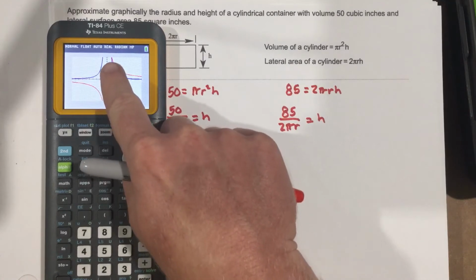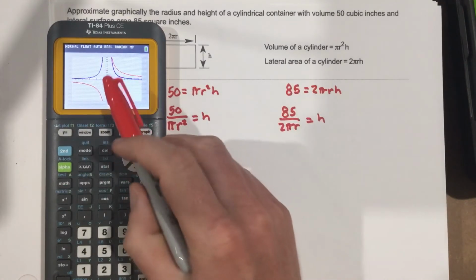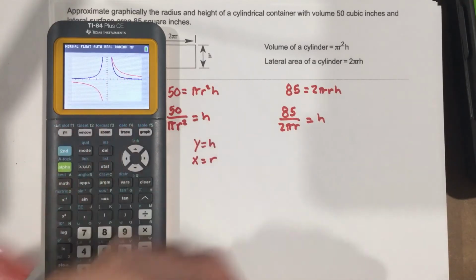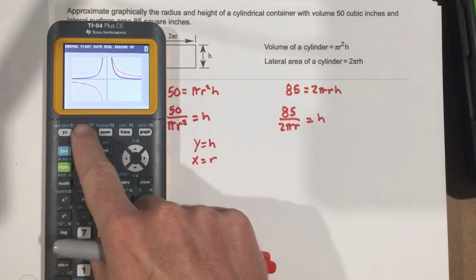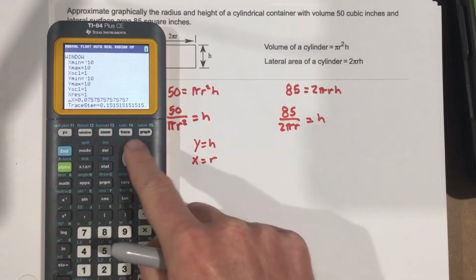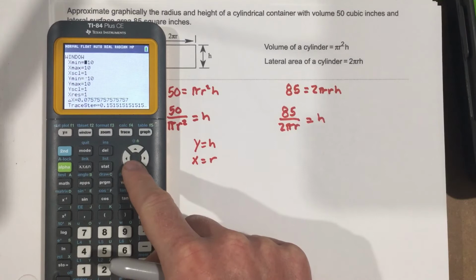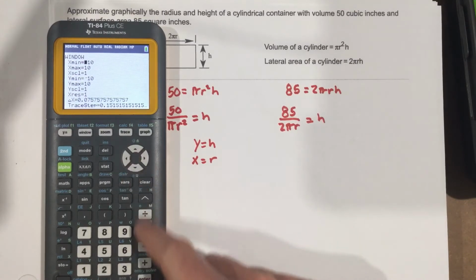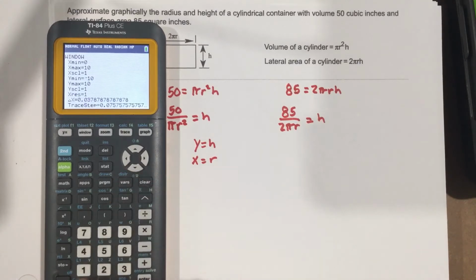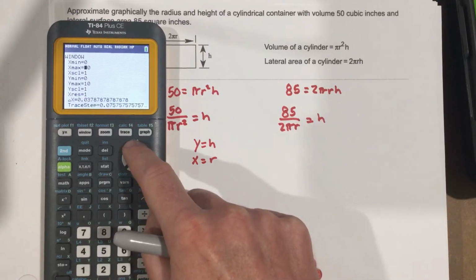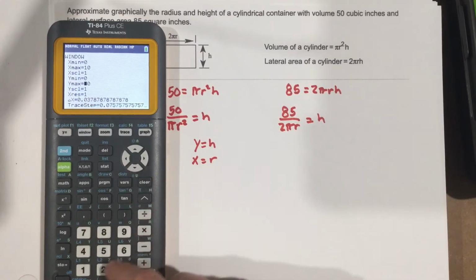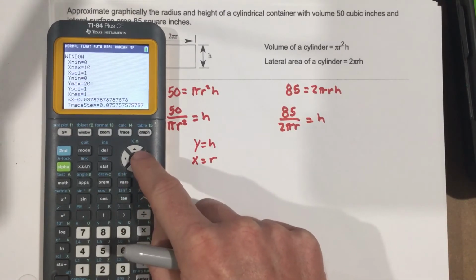Okay, if you notice, it looks like we're intersecting up here in the first quadrant. So I'm going to go back to our window and change the window values. For our x min, I'm going to make this 0. For our y min, I'm going to make this 0. Our x max I'm going to leave at 10, but our y max I'm going to make 20, that way we can see it.